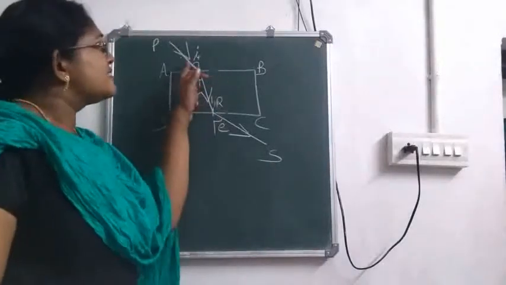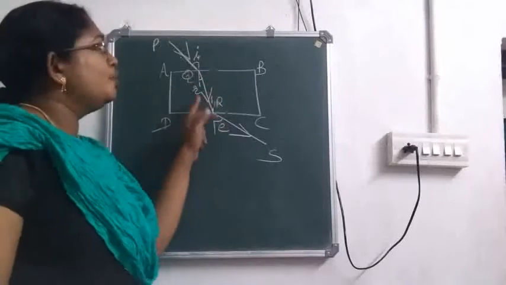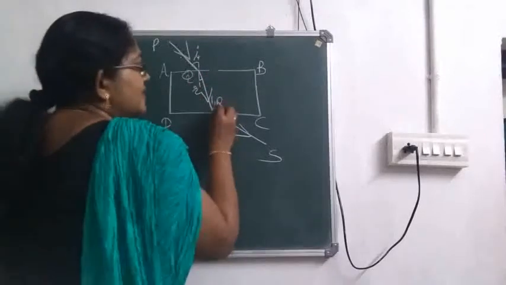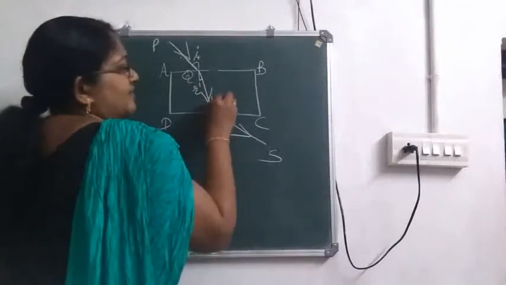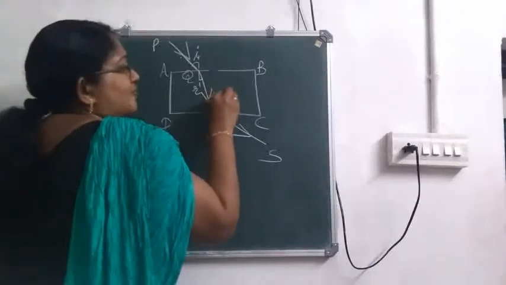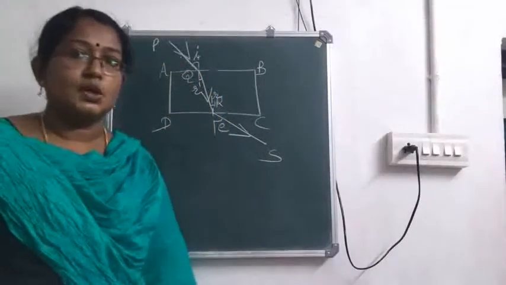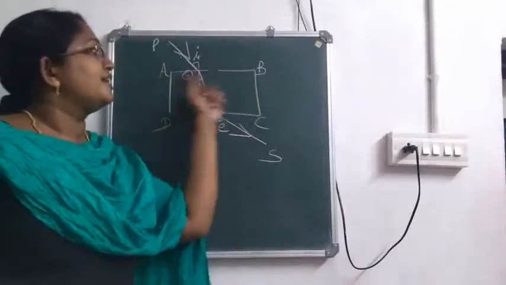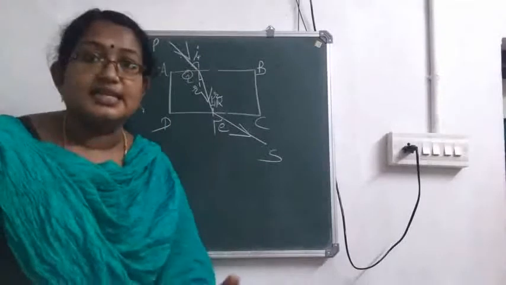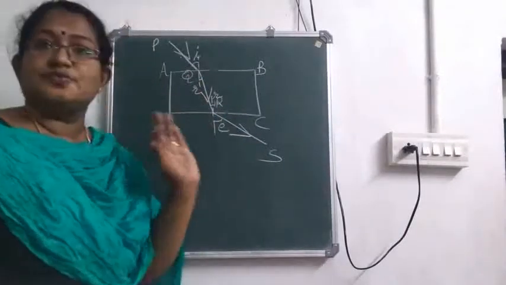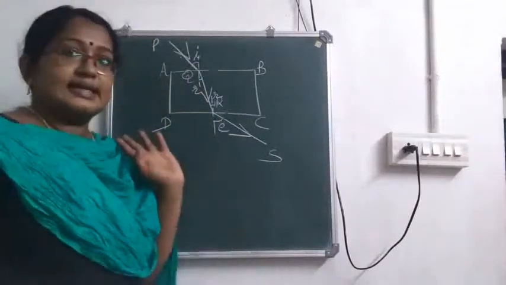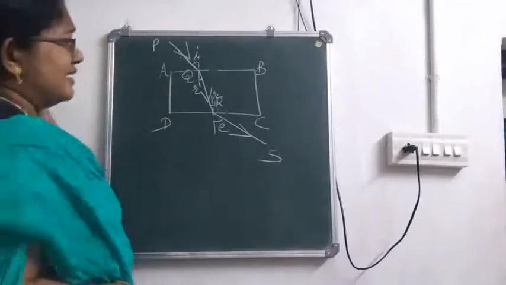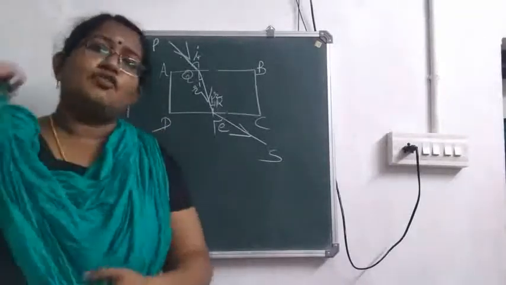Then, since refraction takes place at two parallel surfaces, this angle, here also we are getting an angle, isn't it? These two angles will be the same. Okay. Since refraction takes place at faces AB and CD, these two angles will be the same. Then, the next thing is, according to the principle of reversibility.